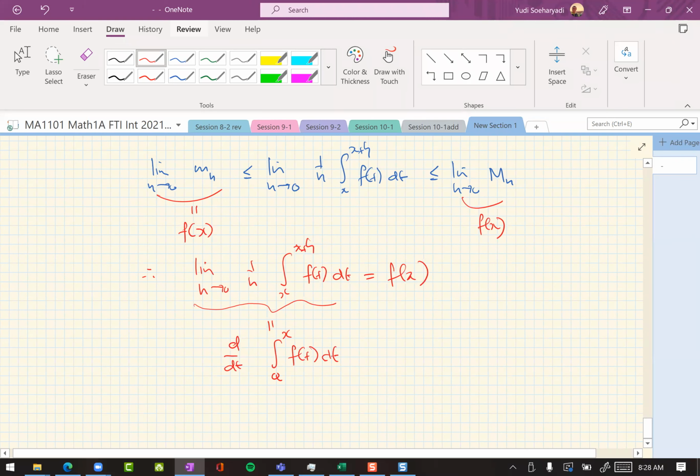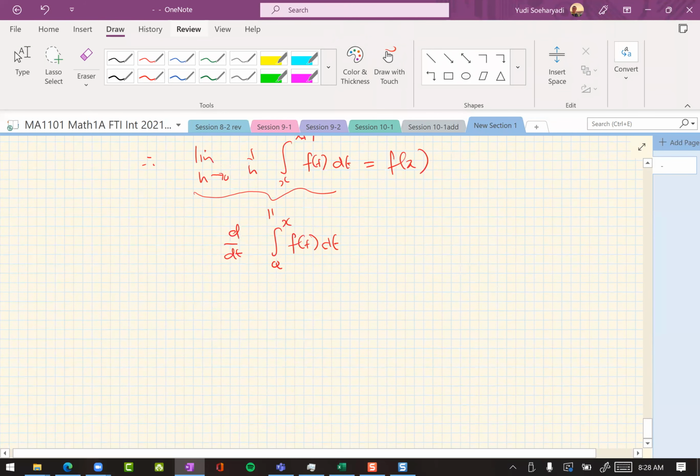Okay, so that's the fundamental theorem of calculus. Questions so far?